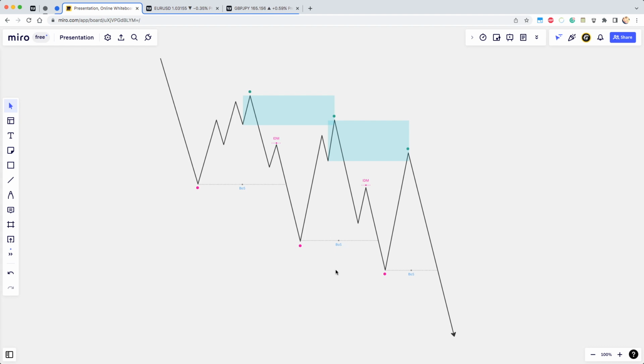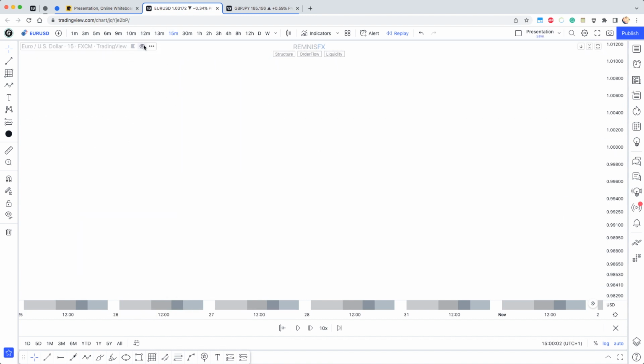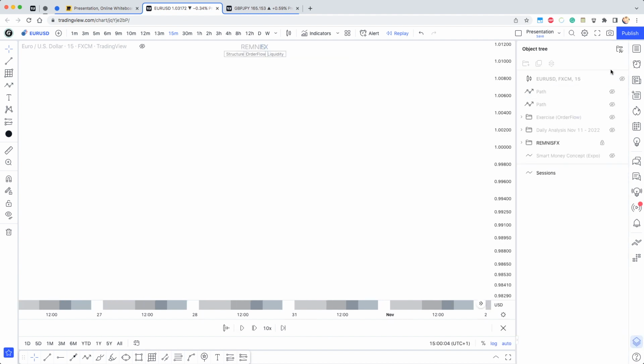So I hope so far everything is clear for you guys, and now I'd like to dive into the real charts to show you an example. Just before I do that, I do believe I had prepared something here.